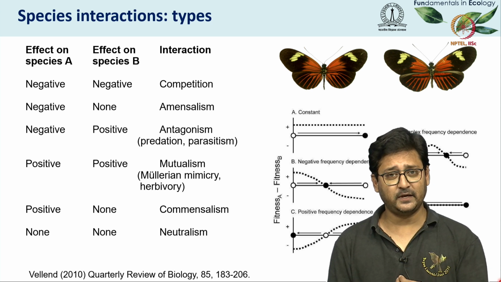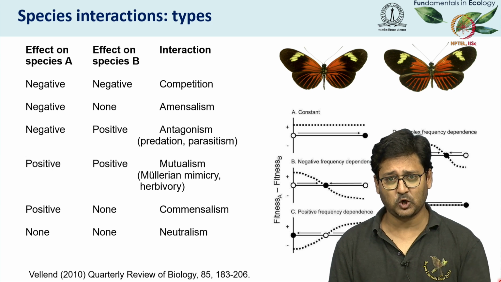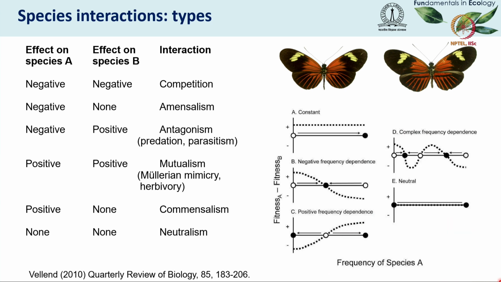So Mullerian mimicry, as you see with those two butterflies on the top right corner there, is a form of interaction where you have two species, both of which are toxic. So they're poisonous. If a predator eats one of these two species, it will either fall sick or it might even die. Now, what these two toxic species have evolved to become is to look more similar to each other.